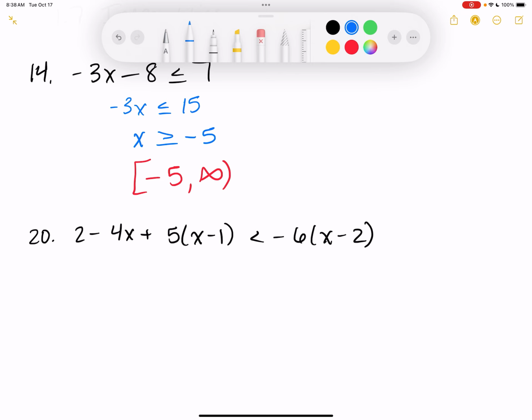So I would just work on each side individually at the moment, and then we'll combine everything the way it needs to be. So 2 minus 4x, and then distribute 5 times that. So plus 5x minus 5 is less than negative 6x plus 12.